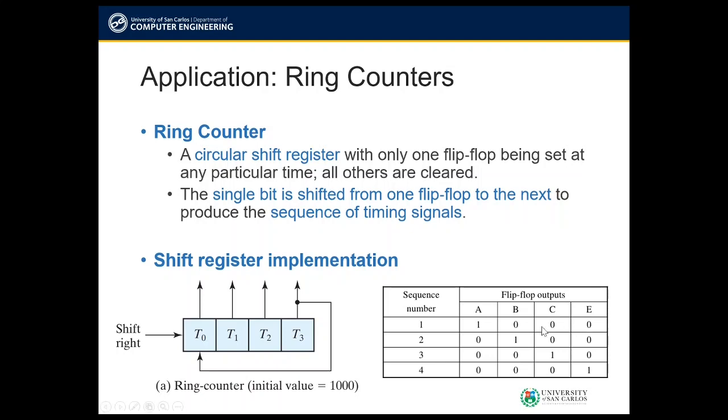After one clock pulse, we go to the next sequence. So 1 is being shifted to the right. Now it is at B, and the rest are zeros. At the third sequence, on the next clock pulse, the 1 at B is being shifted to the right. Now it goes to C. And on the fourth one, the 1 at C becomes the 1 at flip-flop E. This goes through 4 sequences, and if we have more clock cycles, then this just repeats.